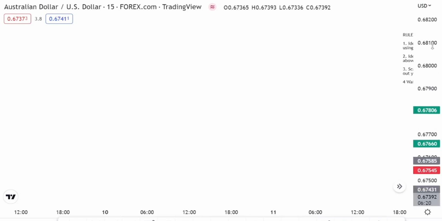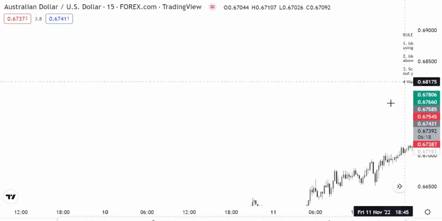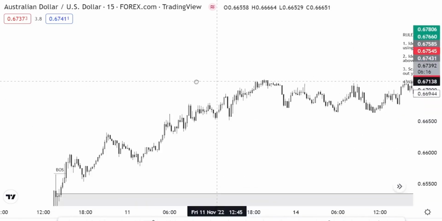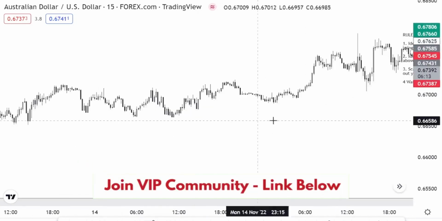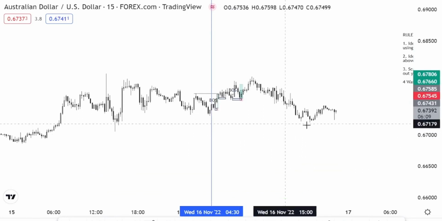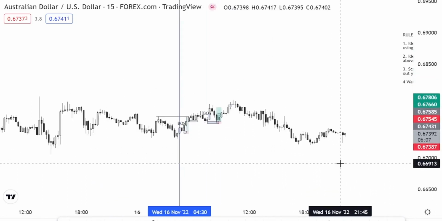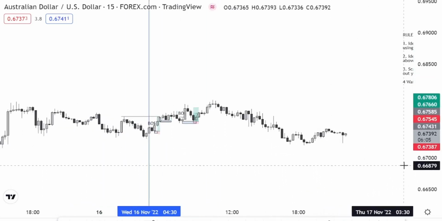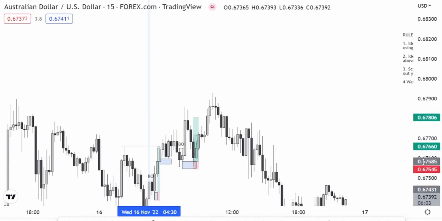Let's see M15 again. Let's see the target of this last one. Yes, this is the target.